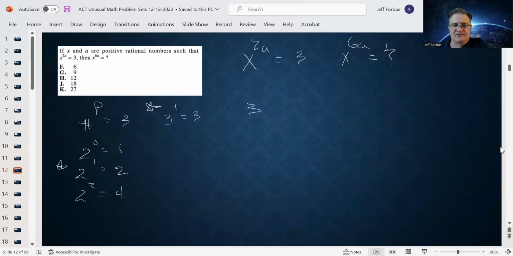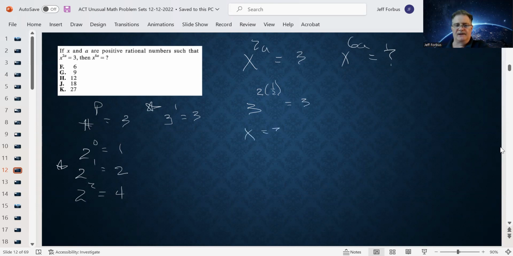So how do we make 2 times a equal 1? Well, a has to be 1/2 because 2 times 1/2 gives us 1. So 2 times 1/2, that's going to be equal to 3. We know what x is.